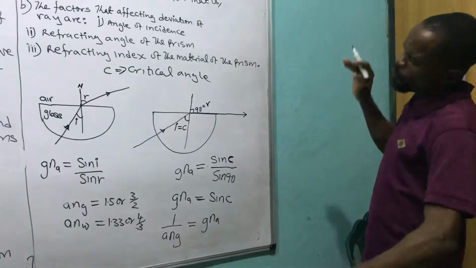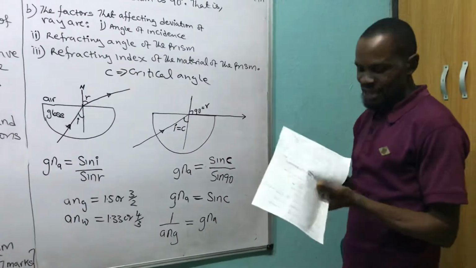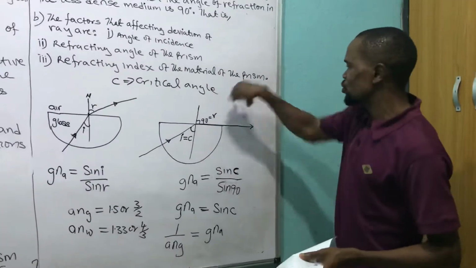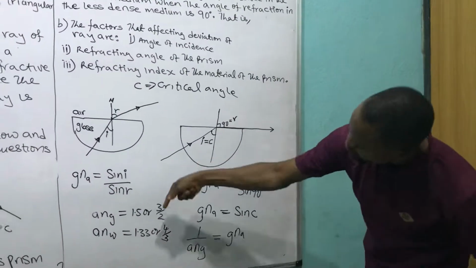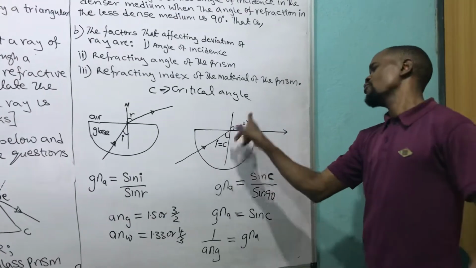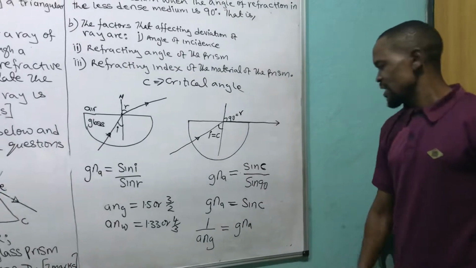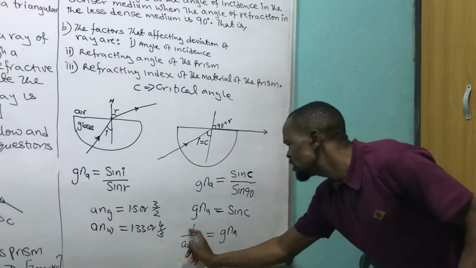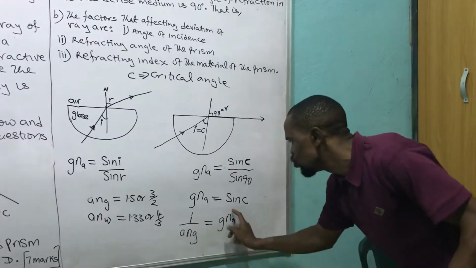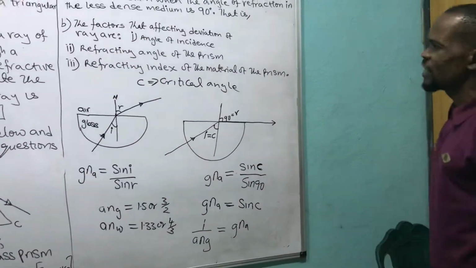A light can go from glass to air and also go from air to glass. That's what we call reversibility. So look at it now. I can use this one to replace this one. I think you are getting what I'm talking about.